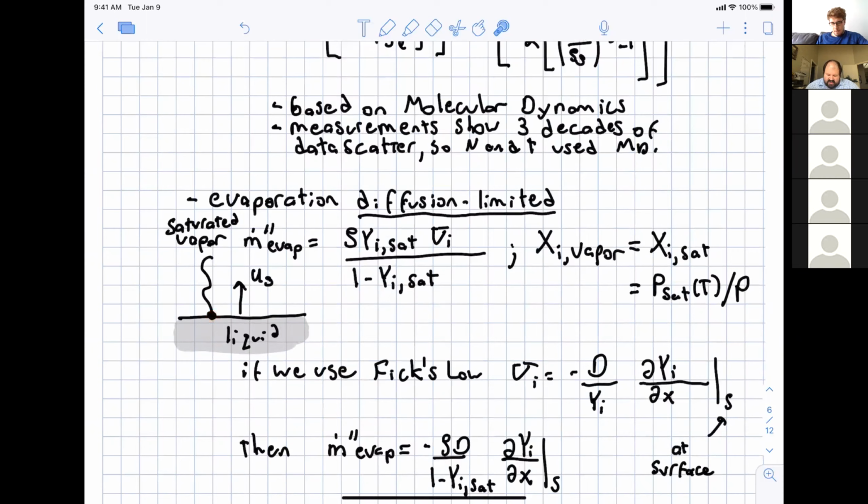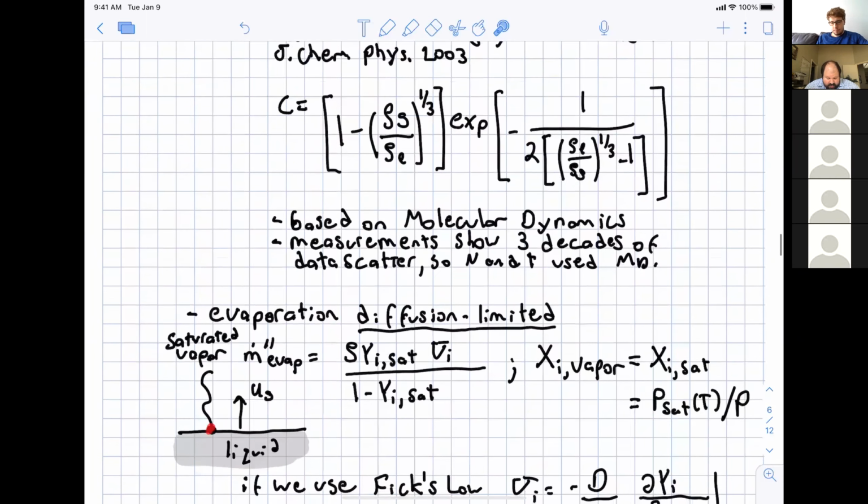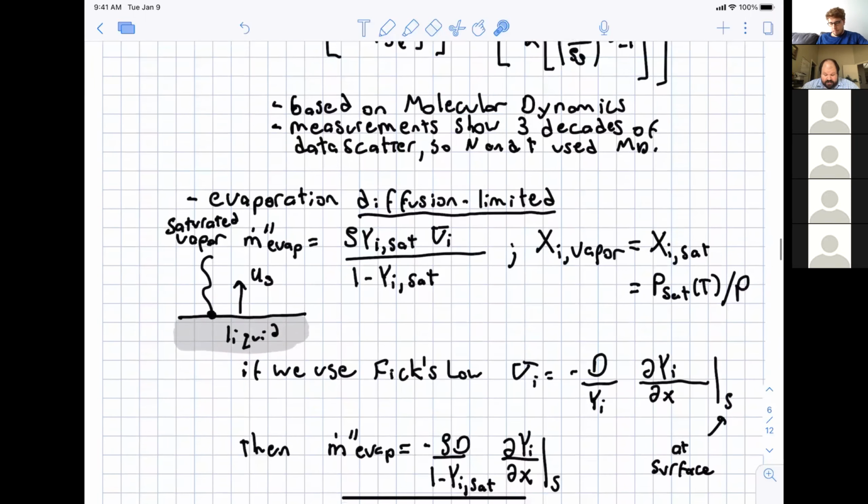Okay, and so that basically means that the partial pressure of the vapor on the surface is equal to the saturation pressure.